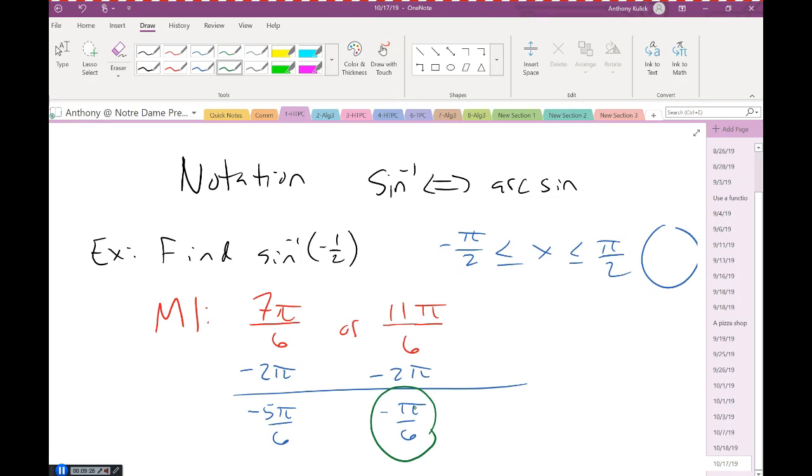But all of these are angles whose sine is negative 1/2. So the calculator is going to give you negative pi over 6, probably as a decimal. But all of these, if I take the sine of them, are going to give me negative 1/2.